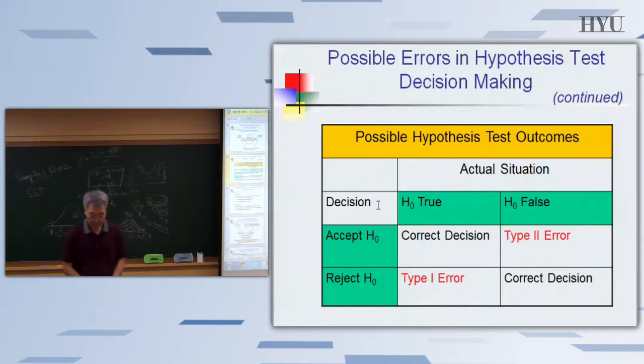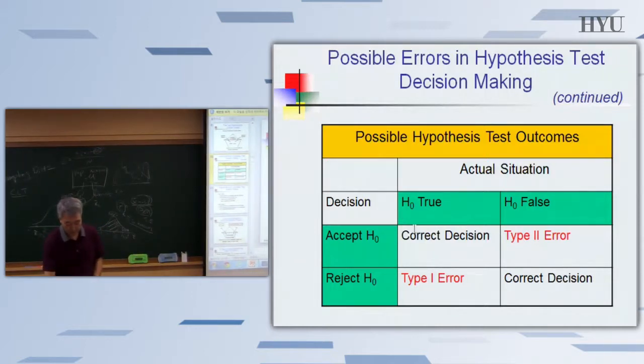So if the null hypothesis is true, then accepting is the correct decision. If the null hypothesis is false, then rejecting it is the correct decision. The other two cases are errors, right? We call this type 1 error. We call this type 2 error.